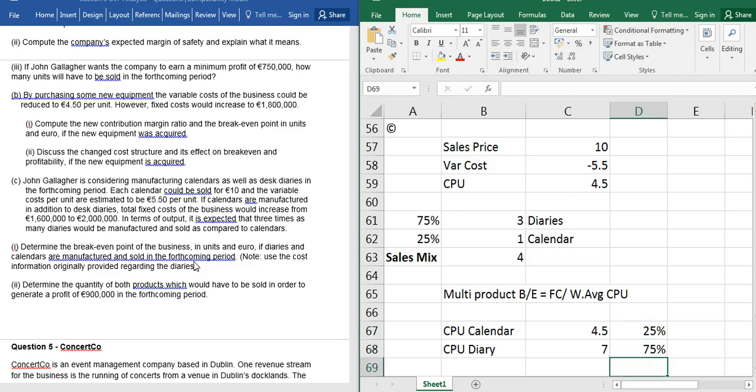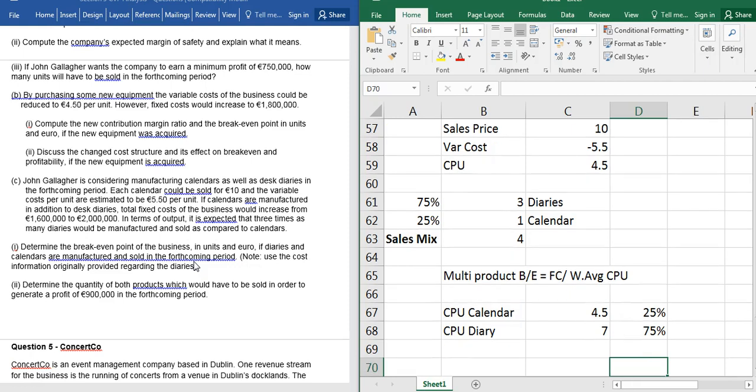So what we're saying is, on average, you'll have a quarter earning €4.50 per unit, three quarters of your products will earn €7 a unit. So to get the weighted average CPU, you multiply 25% times 4.5 plus 75%, which is 0.75 in the calculator, times 7.